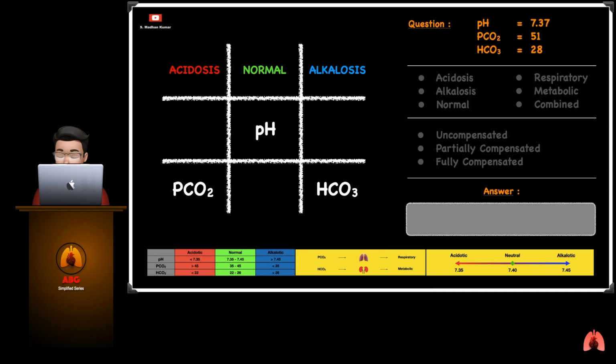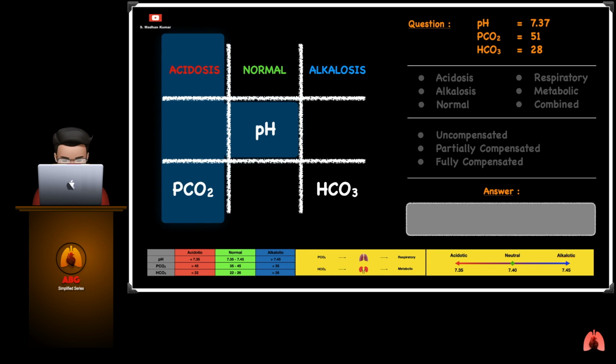Since the pH value is 7.37, which is sliding towards acidosis, we can interpret this as fully compensated respiratory acidosis.